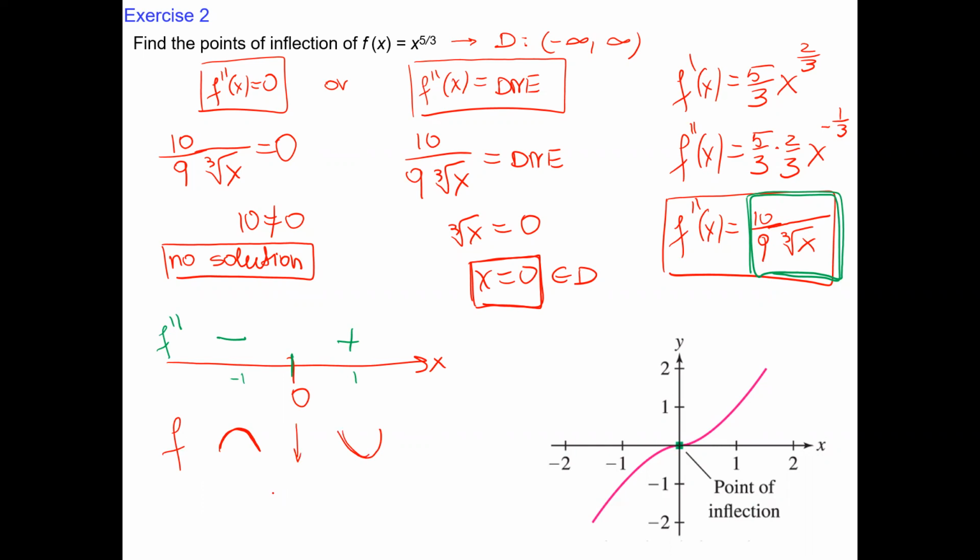At x equals 0 is an inflection point. And we may see this is the inflection point. We have the graph. We don't have to draw, but I just include the graph to see better.